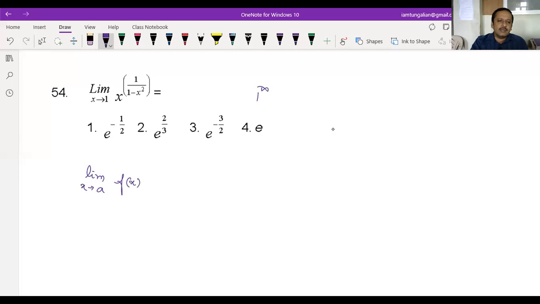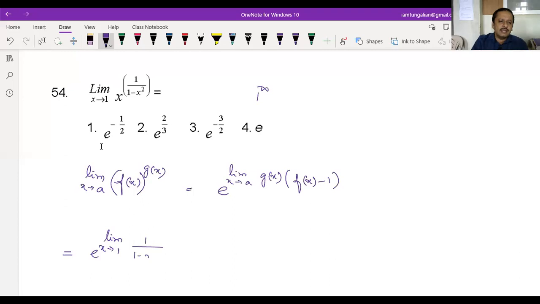Okay. Then the example will be 1 minus 0, which is infinite. So if we get 1 power infinity, then we use the formula: limit x tends to a of f of x power g of x is e power limit x tends to a of g of x into f of x minus 1.